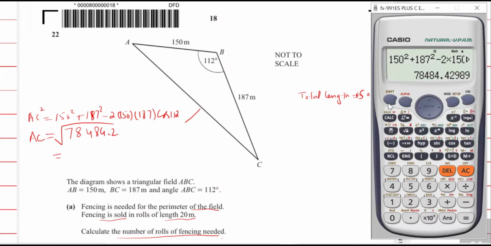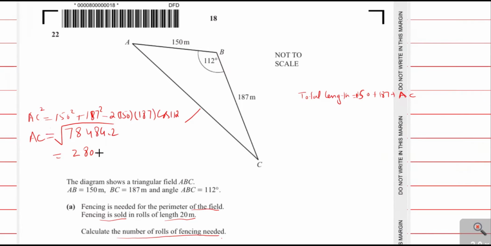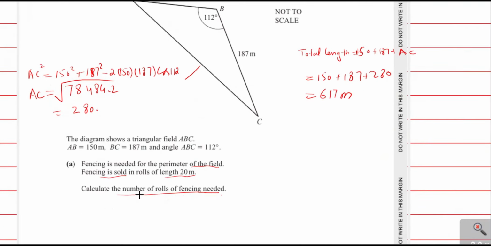We take the square root and the value here is 280, and we write 150 plus 187 plus 280, and this total length will be equal to 617 meters.